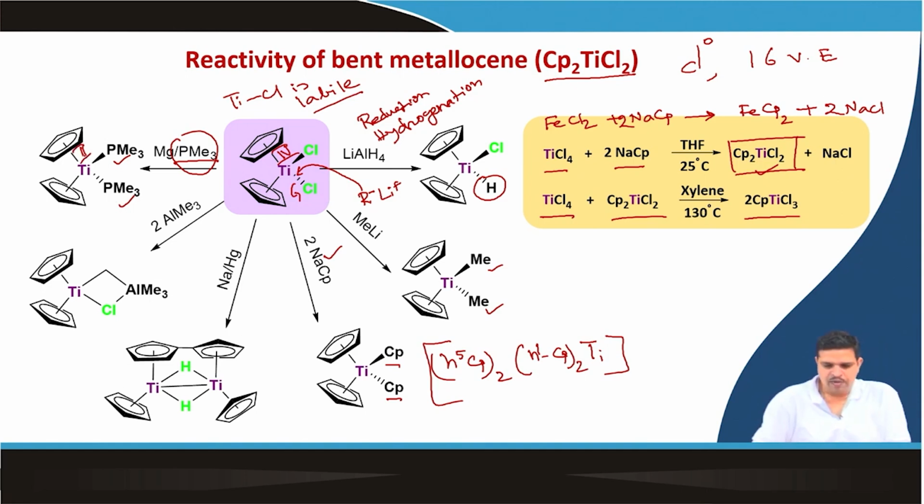So again, D0 becomes a D2 system. Here you are taking the AlR3, that is the aluminum alkyl, trialkylated aluminum.